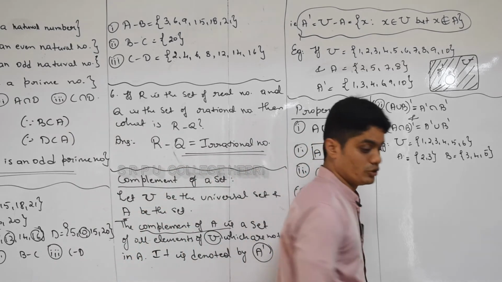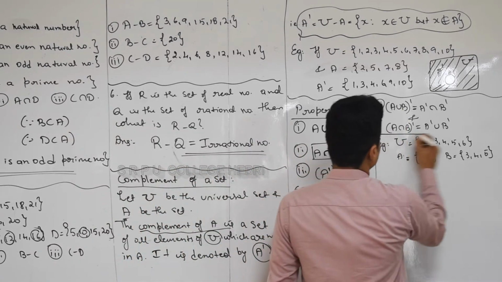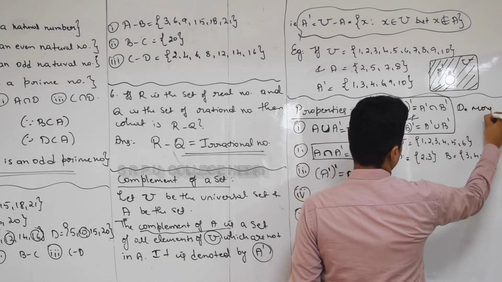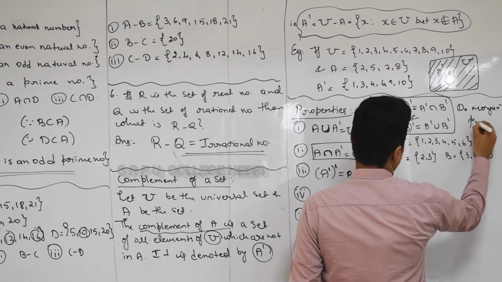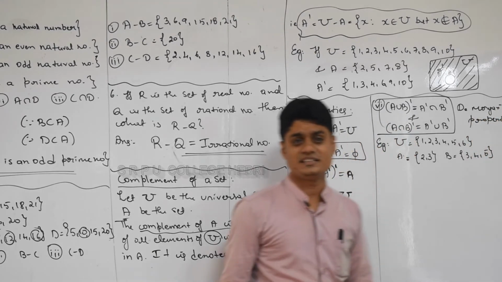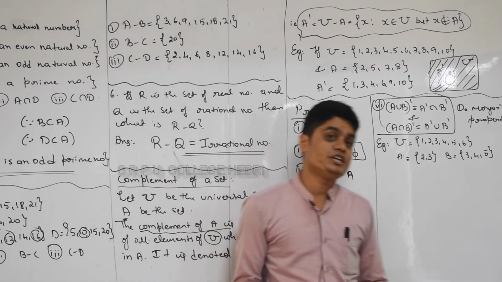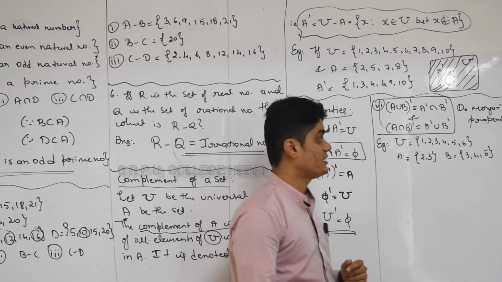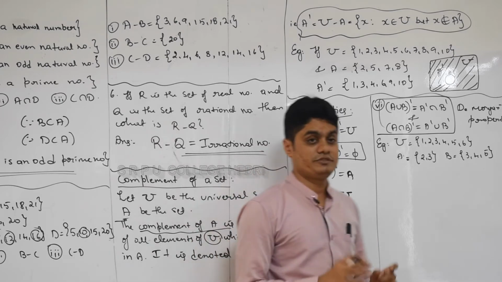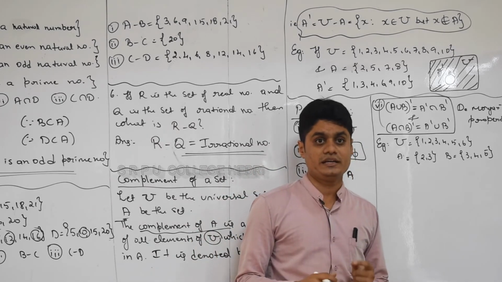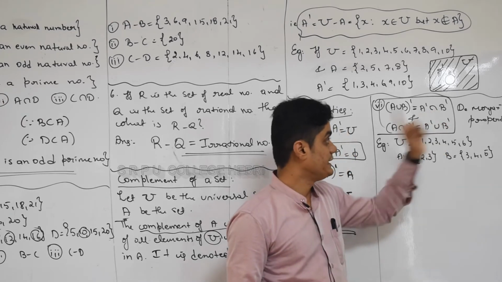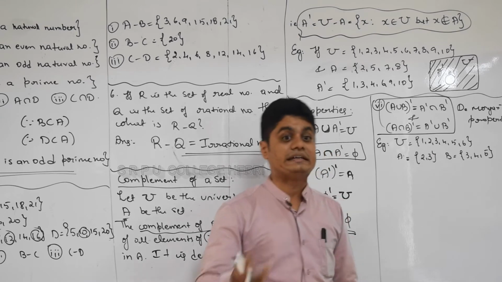Now one more very important property. This is known as De Morgan's property. Usually one question can be asked in the exam, 3 marks, easily answerable. Observe, A union B whole complement is A complement intersection B complement. When you take the complement of the union of two sets, the union will convert into intersection, and it will convert as follows: A complement intersection B complement.